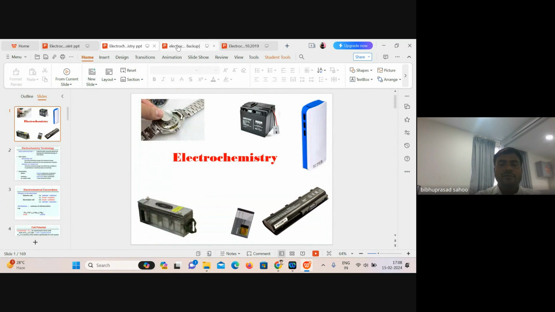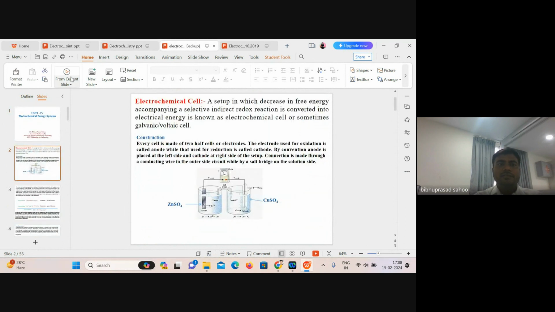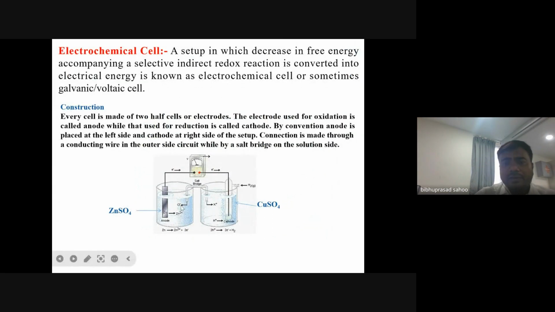Okay, let it be, no problem. So here the first electrode is very clear.